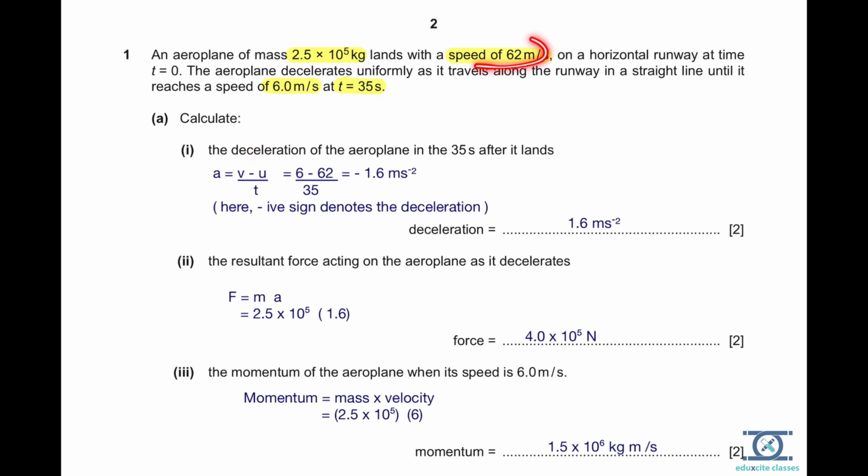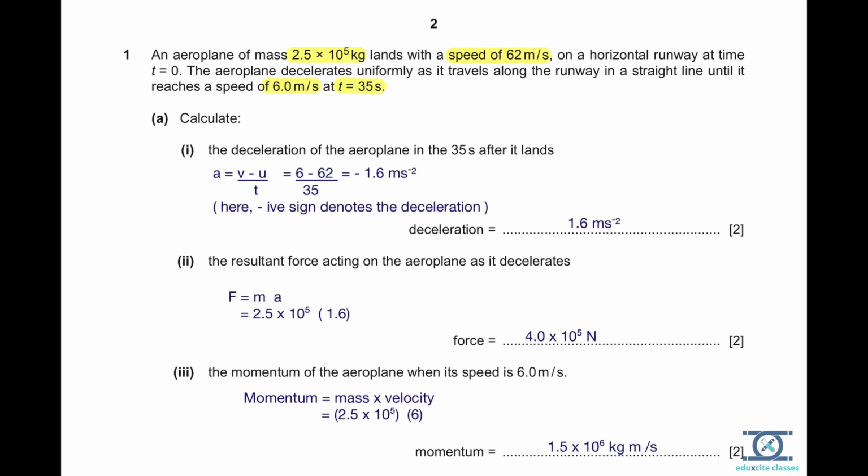Initially it was 62 meter per second, upon time taken 0 to 35, that is 35 seconds. So we get minus 1.6 meter per second square. The negative sign denotes the deceleration, as already mentioned in the question, it is decelerating at a uniform rate. So the magnitude of deceleration is 1.6 meter per second square.